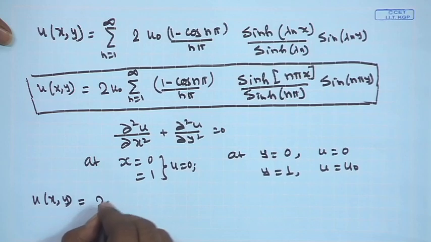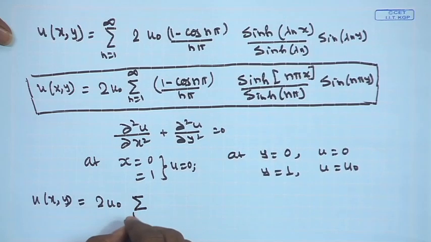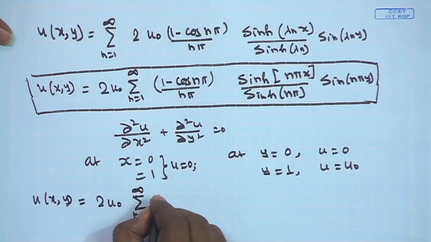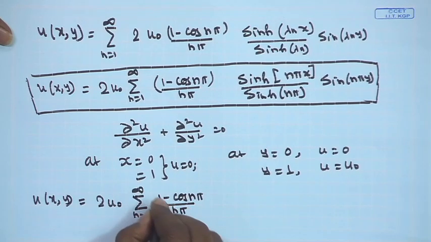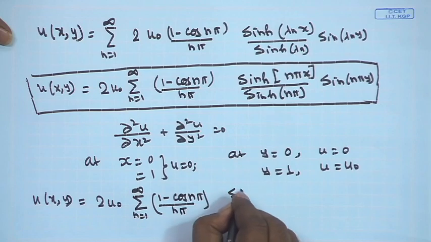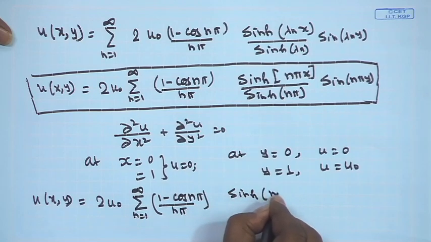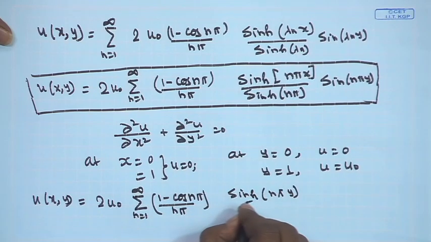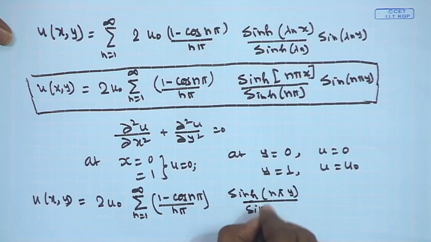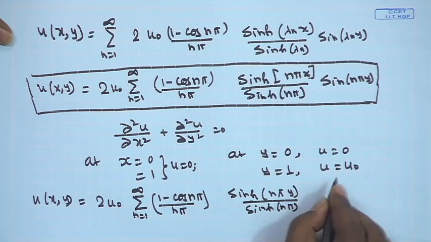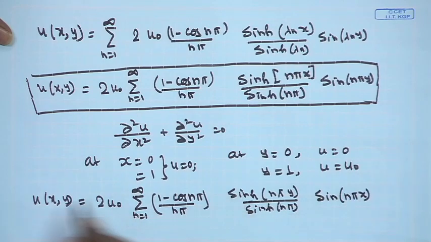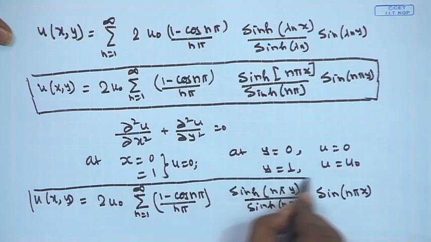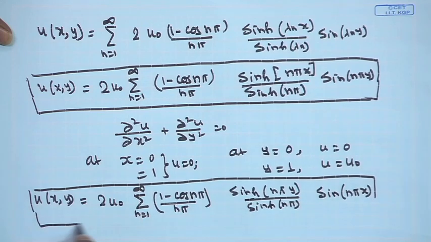It will be 2 u naught, summation n is equal to 1 to infinity, 1 minus cosine n pi divided by n pi, times sinh n pi y divided by sinh n pi, and this will be sin n pi x, because we will be having a standard eigenvalue problem in the x direction.